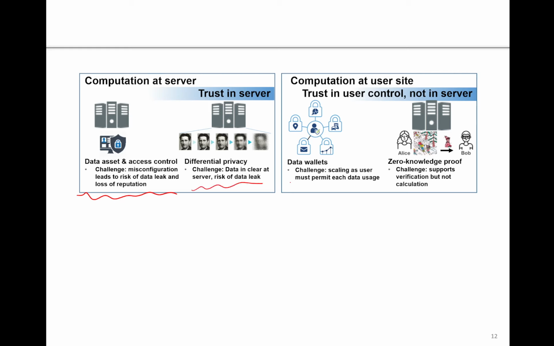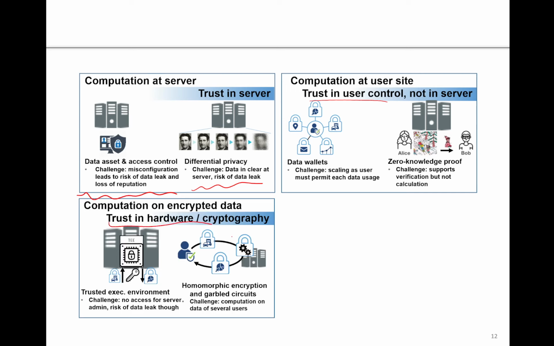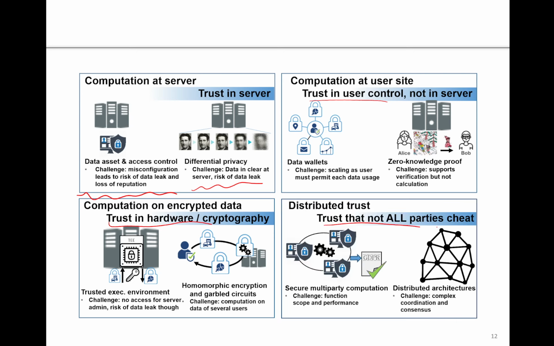Then one variant with differential privacy. We will have a look at what this is. Then we go into, let's say, trust in user control, not in the server. Then we go into trust in hardware or cryptography. And then we go into not trusting anyone. So with secure multi-party computation distributed architectures.